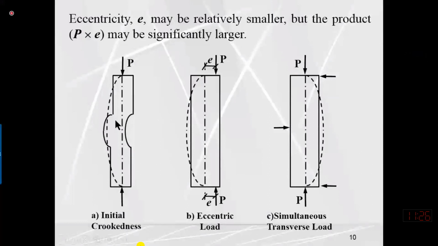If they are less than this limit, then we ignore these imperfections. But if they are more, then we need to consider the reduction in capacity due to the imperfection.